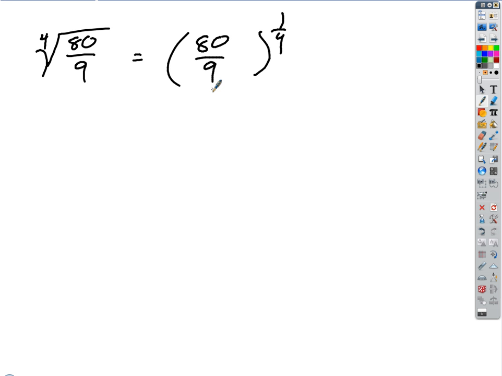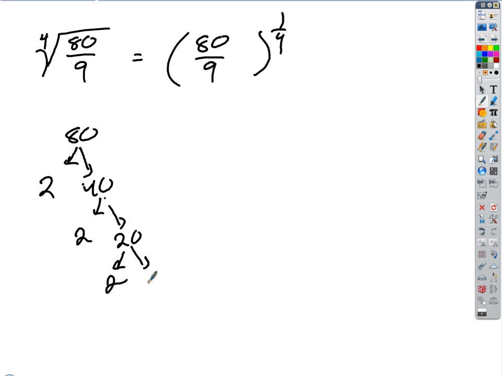So what is 80? If I factor it, it equals 2 times 40, and 40 is 2 times 20, which is 2 times 10, which is 2 times 5. So I get 2 to the 4th times 5. Everybody see that?